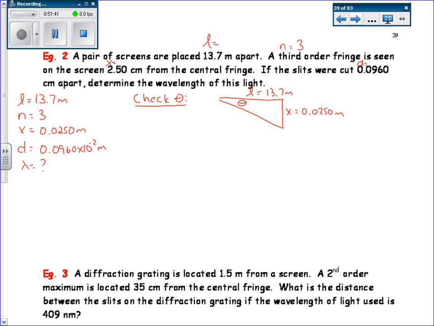But we're going to carry through the checking anyway. So theta is equal to inverse tan of 0.0250 meters divided by 13.7 meters, which is going to give you a super, super tiny angle.